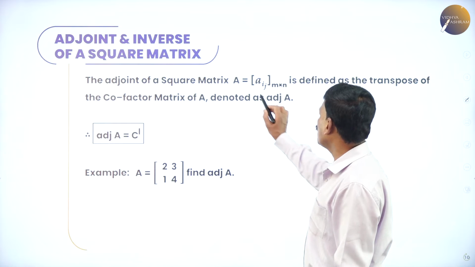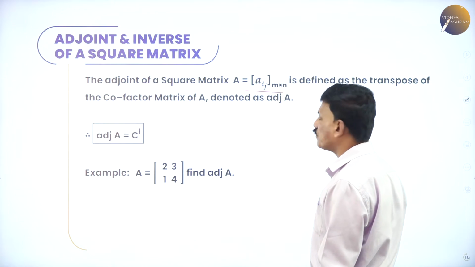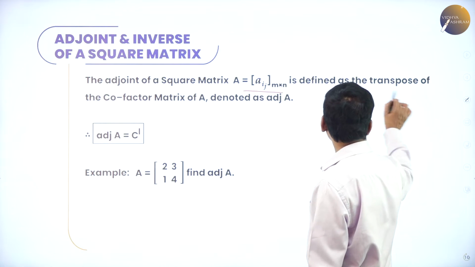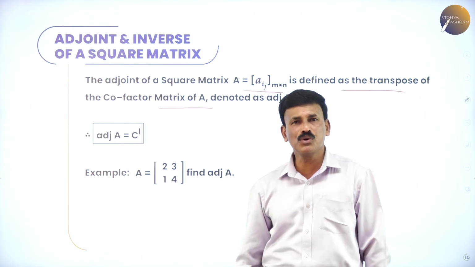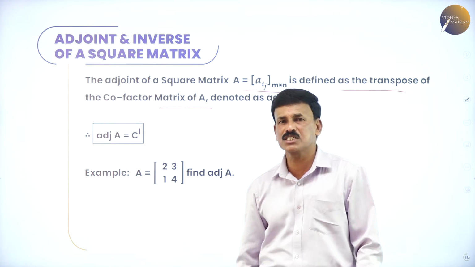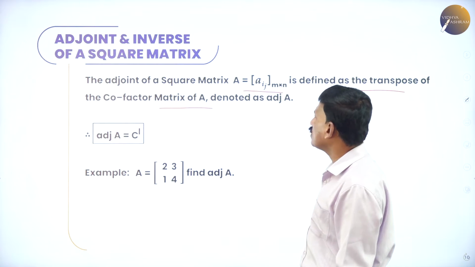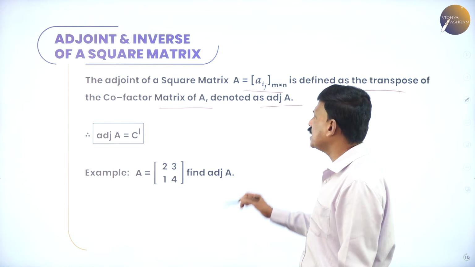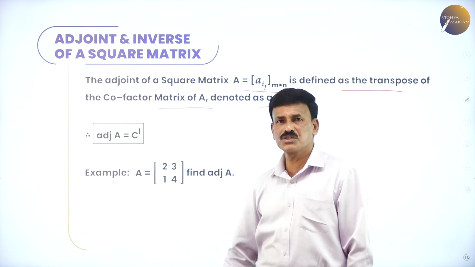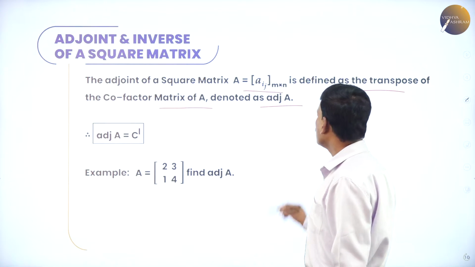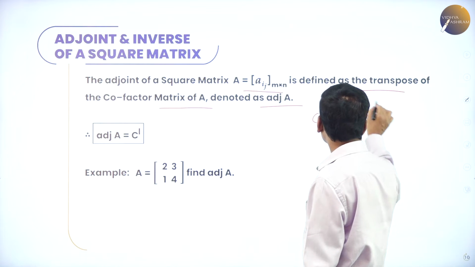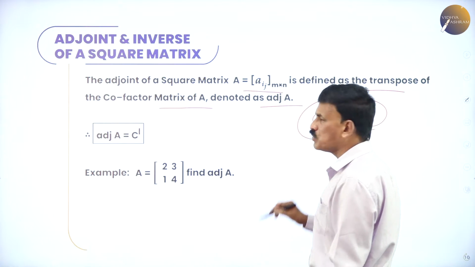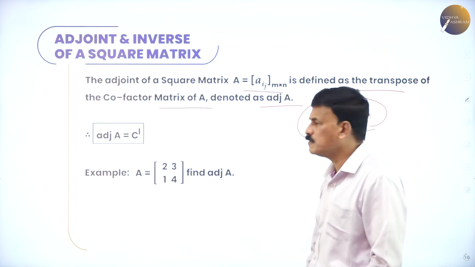The adjoint of a square matrix A = [aij] of order m cross n is defined as the transpose of the cofactor matrix of A. The transpose of the cofactor matrix is called the adjoint, and it is denoted as adj A, where the transpose of the cofactor matrix C is C'.